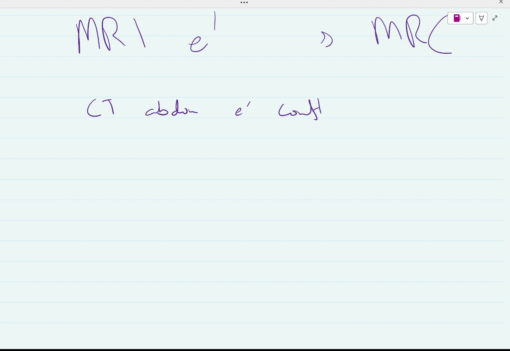When there are no findings on ultrasound and you are suspecting that the patient has cholelithiasis, you can advise CT abdomen. Where no MRI is available, and no findings on ultrasound abdomen and you are still suspecting, you can go for CT abdomen with contrast.